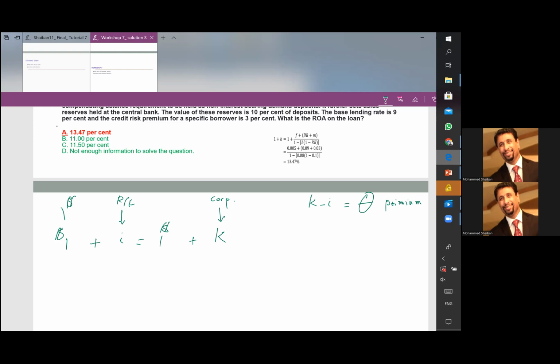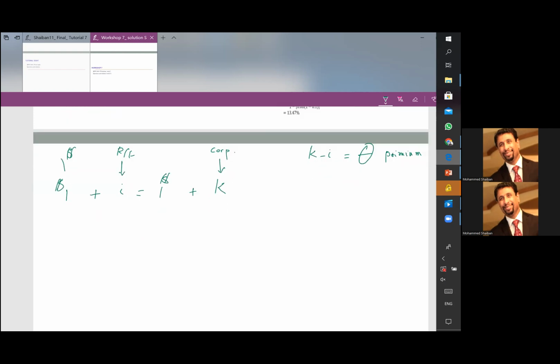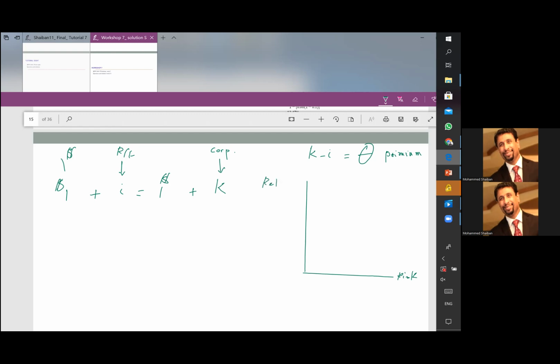So if you look at the graph, it could be like this. If this is the risk, which is the credit risk in our case, and this is the return. So the risk-free will cover the real rate, something we call real rate.